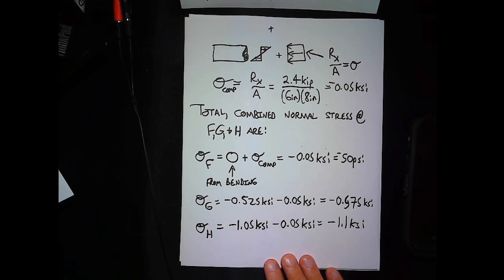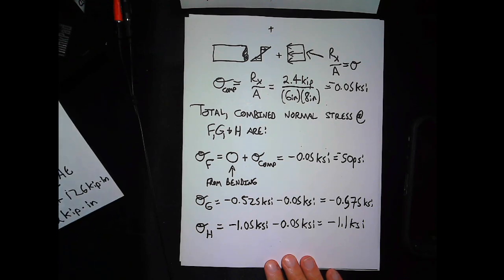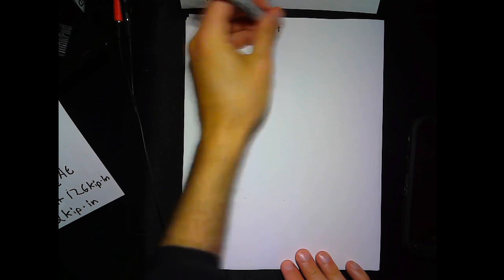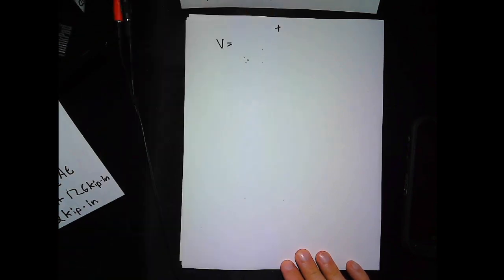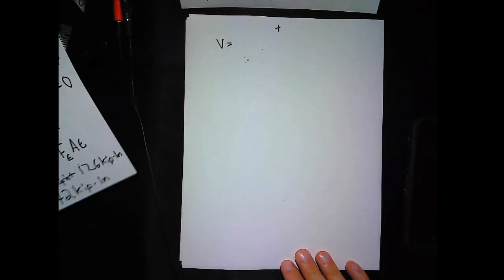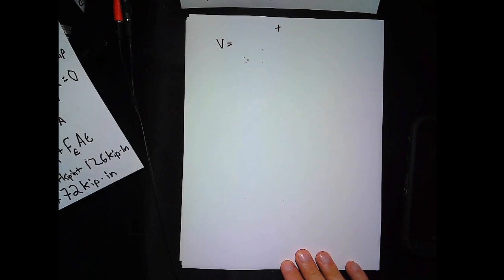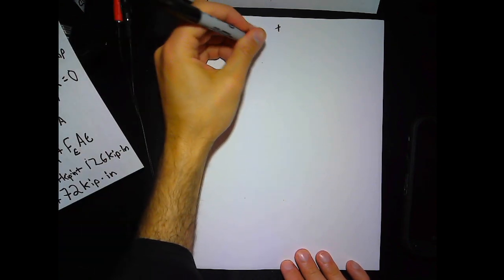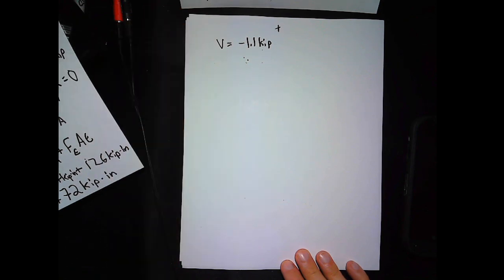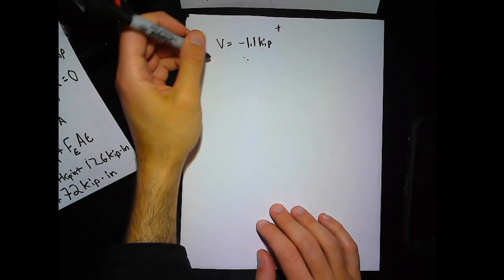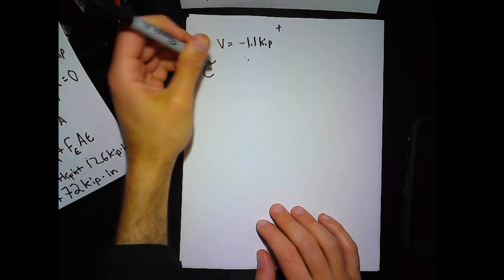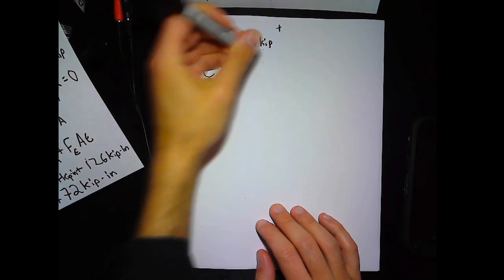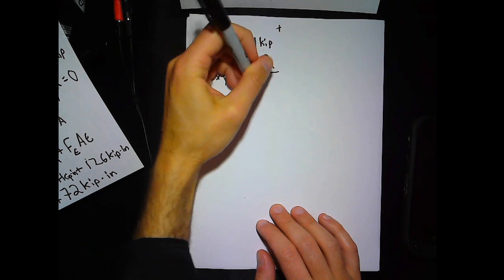But we also need to find what stress that shear force creates. We said the shear force at the section is negative 1.1 kip. Great. All right. So that means that if we look at the expression for shear stress, it's VQ over IT.